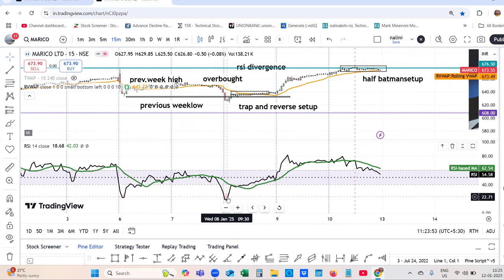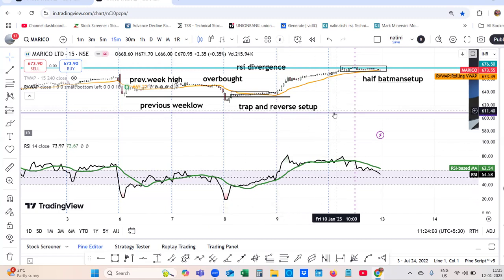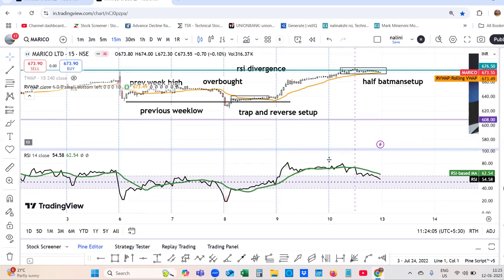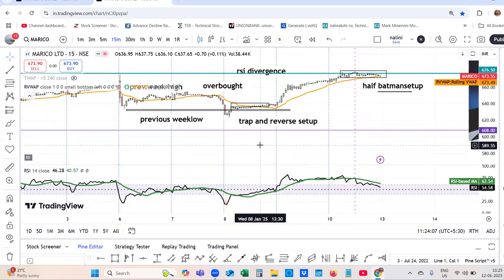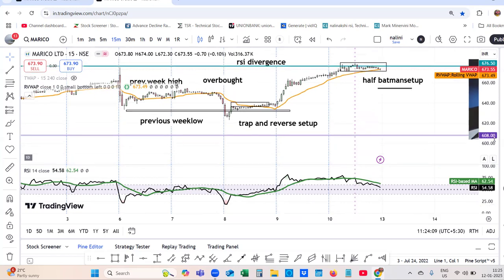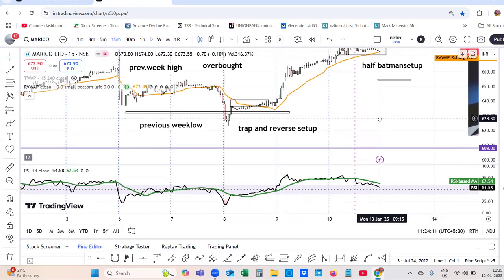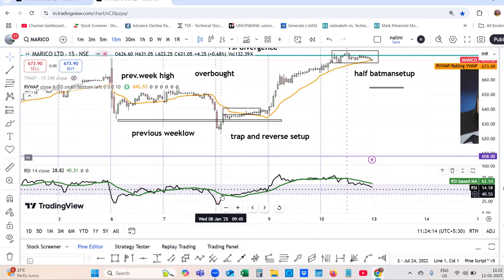The reading was very, very oversold, and then it started recovering. You can see the swift movement of the price, snapping back, with the RSI moving towards its moving average.